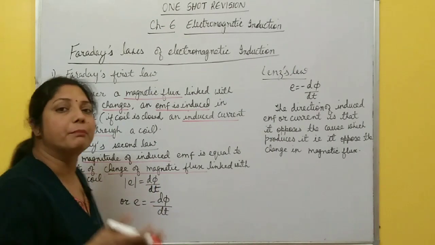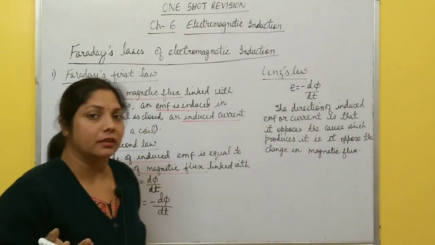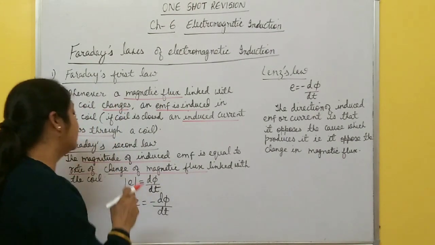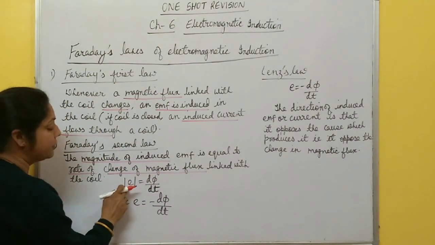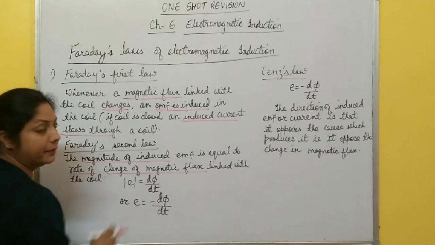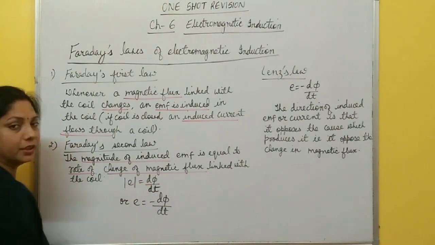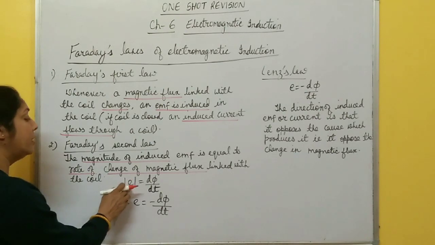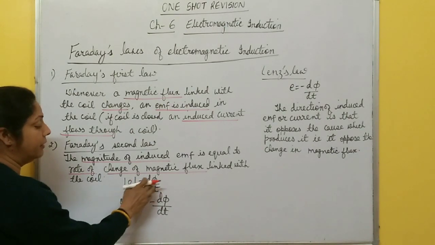At whatever rate the magnetic flux is changing, according to that, EMF is induced in the coil. So the magnitude of induced EMF is equal to d phi by dt, the rate of change of magnetic flux. But it gives only the magnitude, d phi by dt.